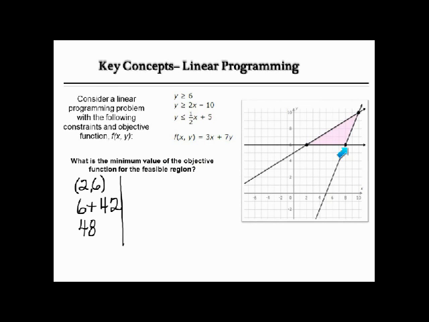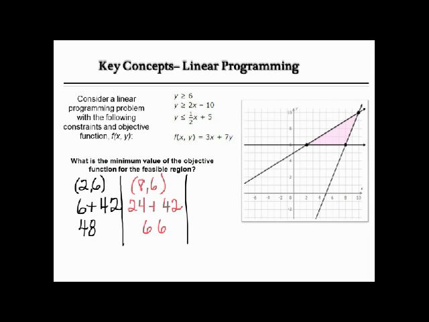Now let's look at this point. My x value is 8. My y value is 6. So we'll write down 8, 6. When x is 8, we have 24 plus 42, we have 66 as that value.